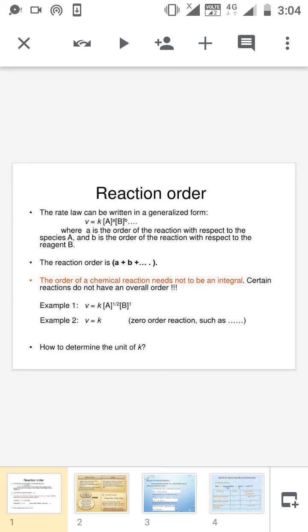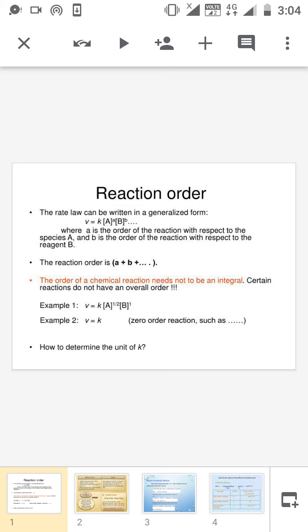Rate R is equal to dx by dt, that is the change in concentration of the reactant divided by dt, within a short period, equal to K into concentration of A to the power a, into concentration of B to the power b.